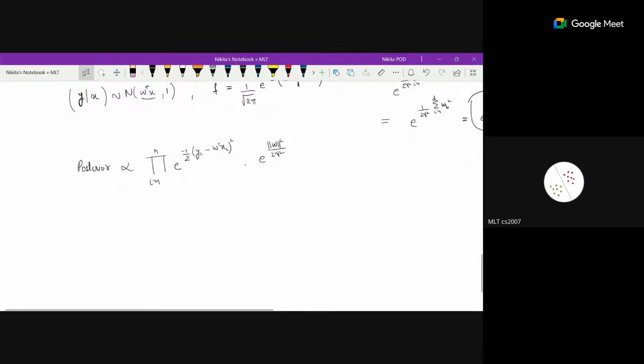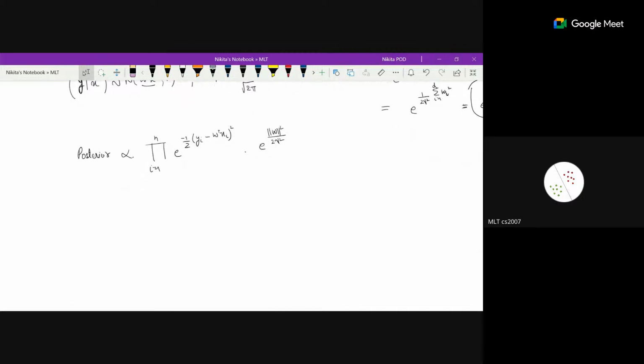This is my posterior distribution. From here, we cannot say exactly what this distribution is.